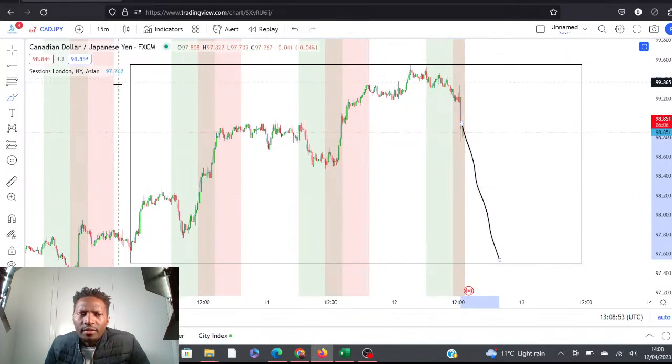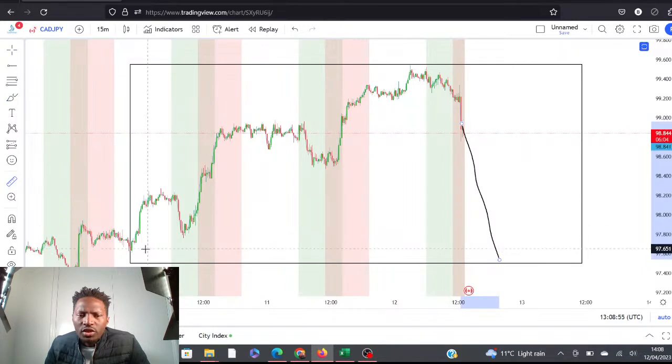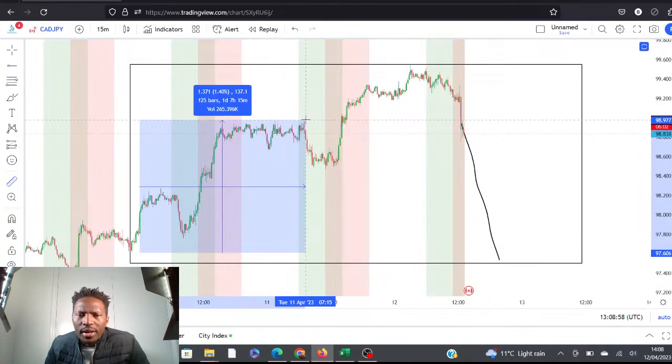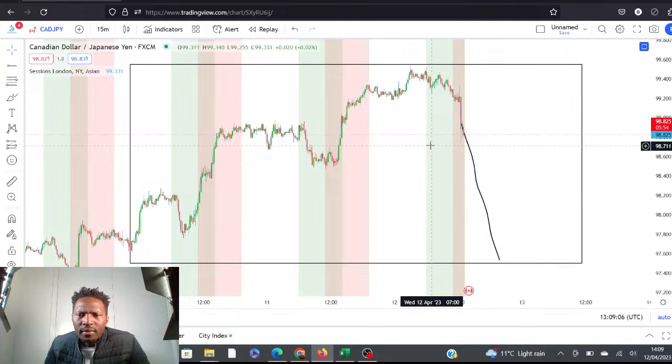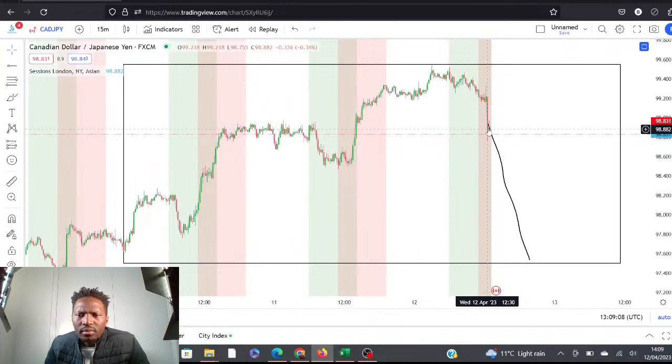This is a trade that I probably would have taken. It was on my radar, but I went for the dollar yen and the pound yen. But this is potentially a very good short at 3 o'clock.